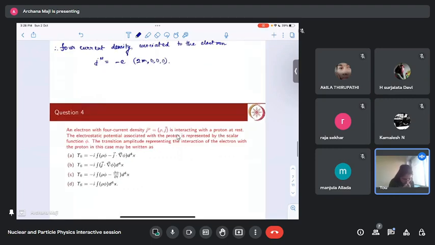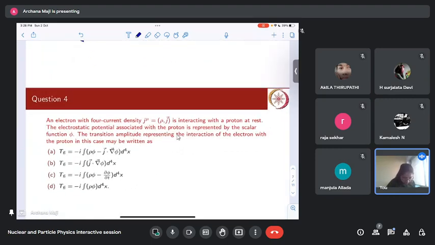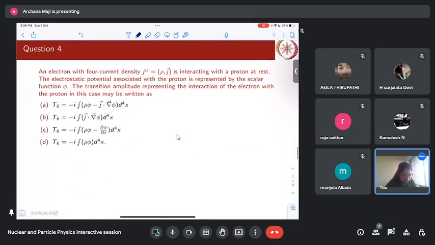Okay. So next question. An electron with 4 current density J mu is interacting with a proton at rest. The electrostatic potential associated with the proton is represented by the scalar function phi.